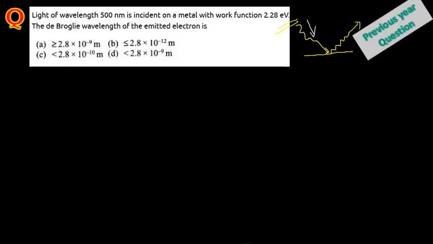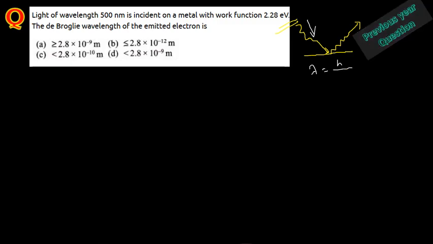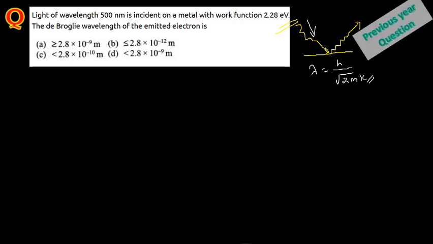Already we know this. What is the relationship between the kinetic energy and the de Broglie wavelength? Lambda is equal to h divided by square root of 2mK. First, the relationship between the wavelength and the kinetic energy. Now you are going to substitute this.